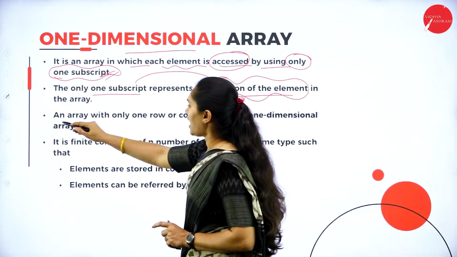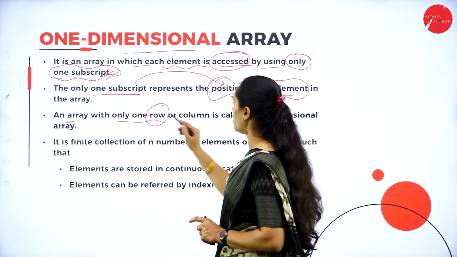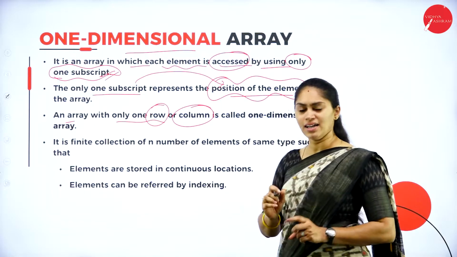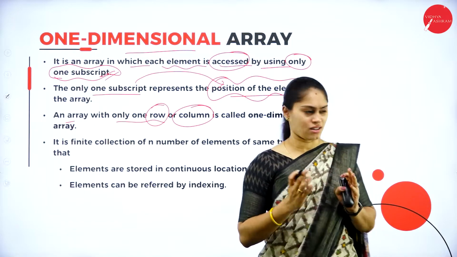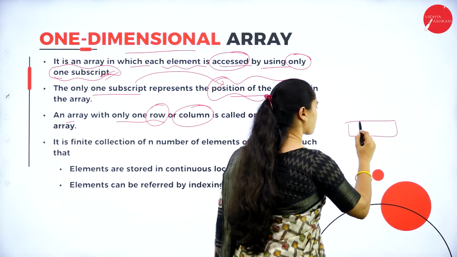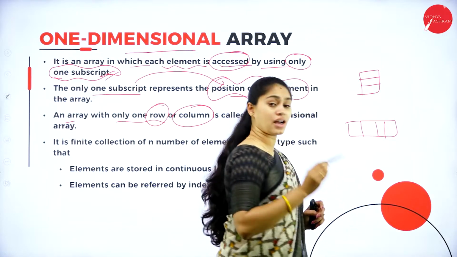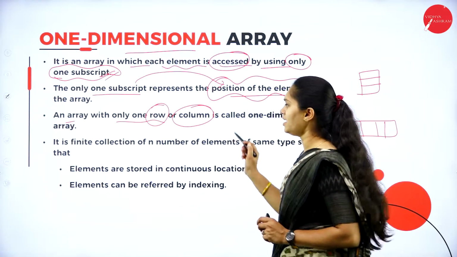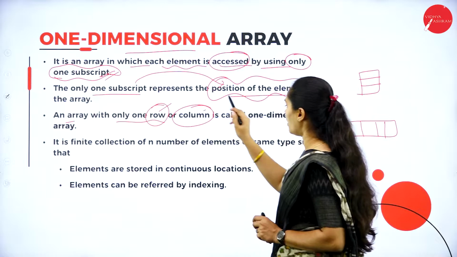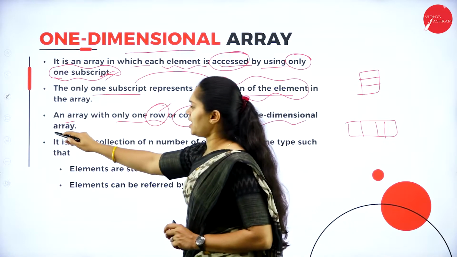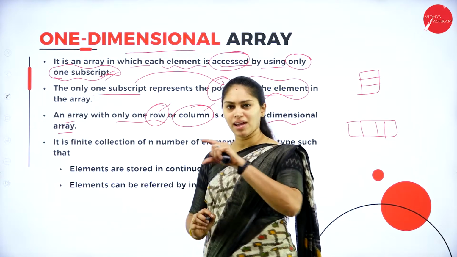So here an array with only one row or column is a vector. It can't be row and column together. It can be either row or column. It can't be two together. So an array with only one row or column is called a one-dimensional array. It is a vector. It can be a row.